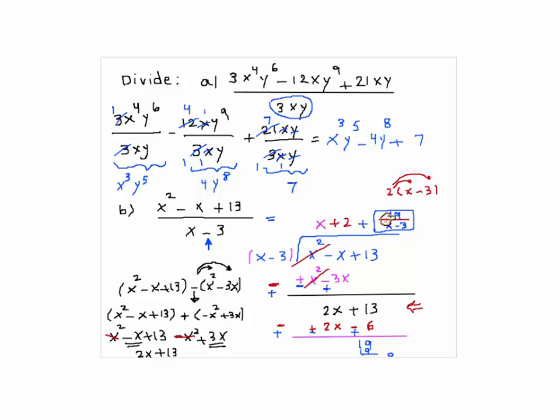You have a remainder, and the number at the top of the fraction is the remainder. So when you divide by more than one term, like a binomial in this case, then you have to set up the long division. If you are dividing by a monomial, a one-term polynomial, you separate them. You have to know the difference between these two.